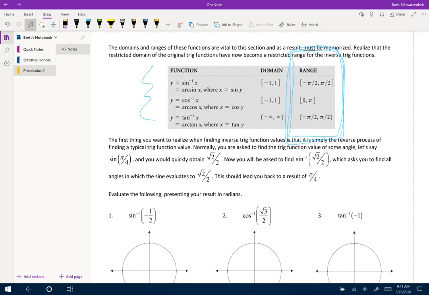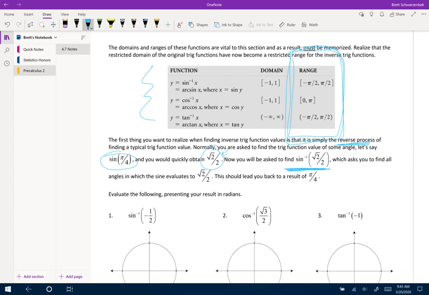It says the first thing you realize when finding an inverse trig function is that it's simply the reverse process of finding a typical trig function value. Normally, you are asked to find the trig function value of some angle, let's say the sine of pi over 4, and you would quickly obtain root 2 over 2. Now, you will be asked for the sine inverse of root 2 over 2. So note, the answer that we found is now what's going to be evaluated.